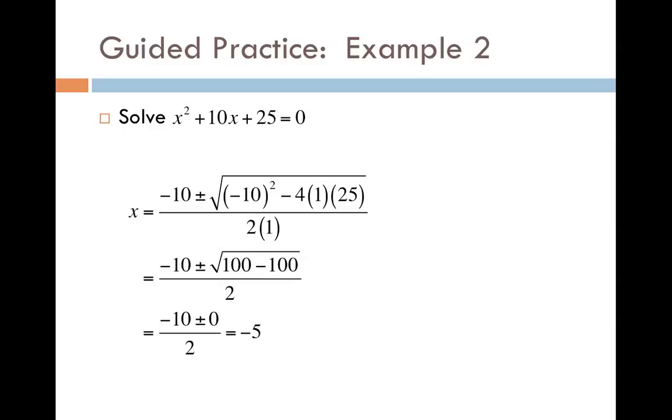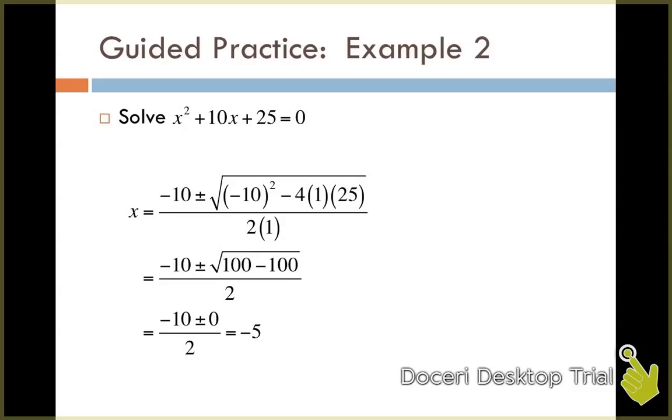If you want to see another reason why this happens, this is actually an equation that we could also solve using factoring. Because x squared plus 10x plus 25 is just a perfect square trinomial.